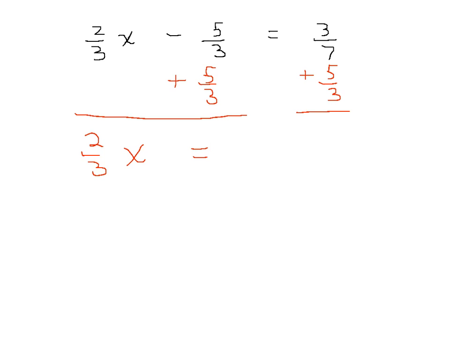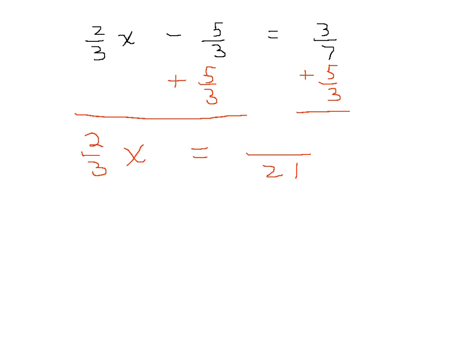I see that my denominator has to be 21. And when I add these together, this 7 got multiplied by a 3, so this gets multiplied by a 3, which is a 9. This got multiplied by 7, so this gets multiplied by 7, which is 35.